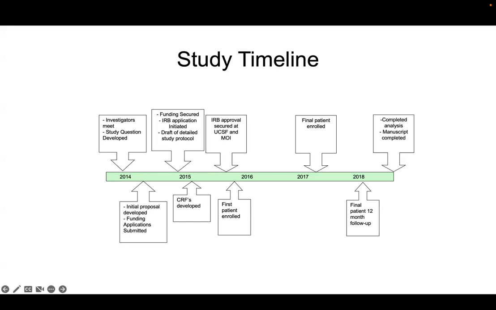So this is what the study timeline looked like. It's something that you should begin to be thinking about even when you're proposing your research and writing your grants. Those are the sorts of things that funders are going to want to see to establish feasibility.